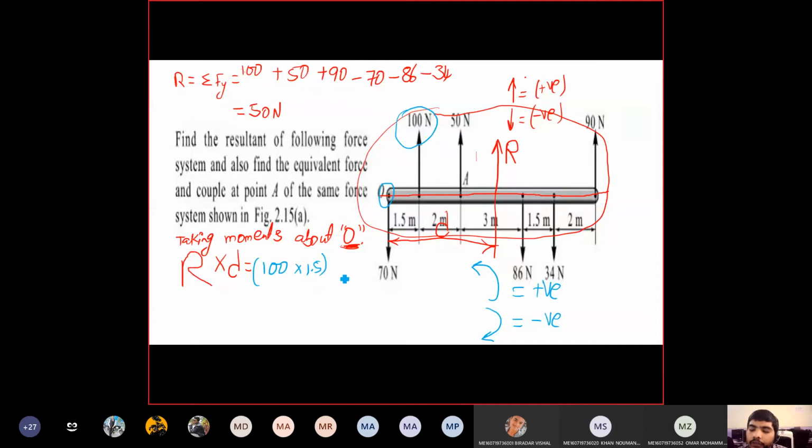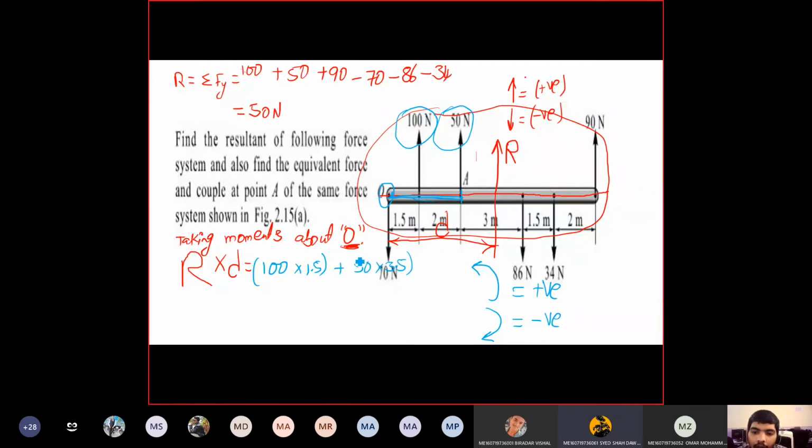Next, what about the 50 Newton, ma? Coming to this 50 Newton, I want to bring this 50 Newton about this O point. What can I write? 3.5. Load into perpendicular distance: 3.5, not 2. So 50 into 3.5.